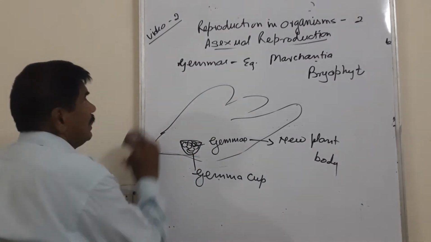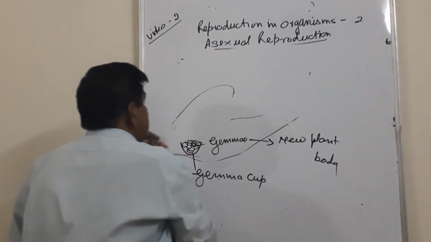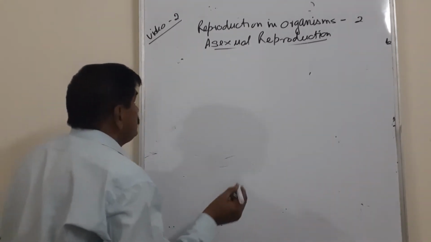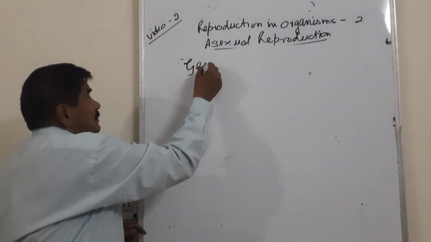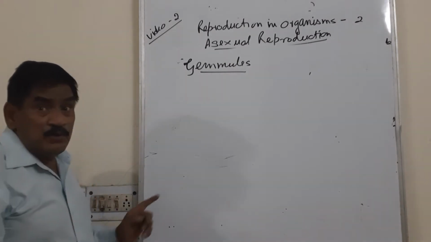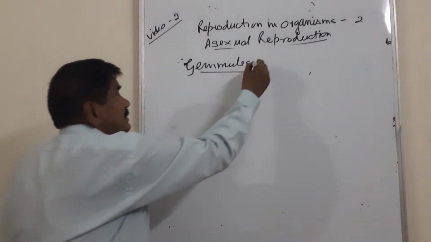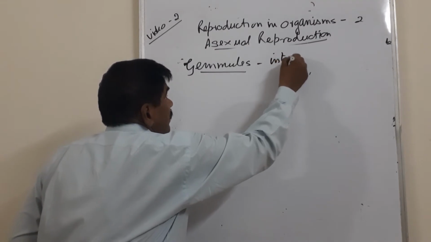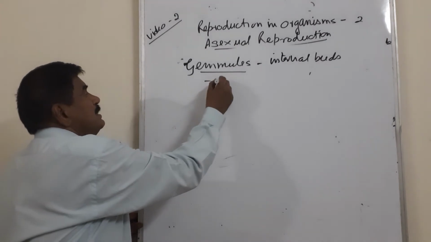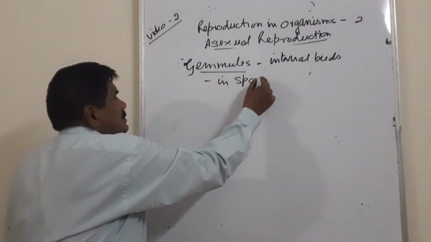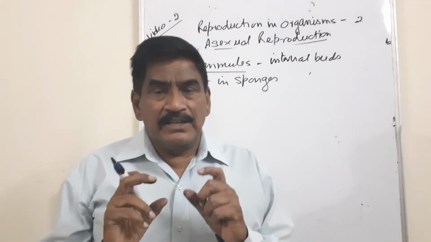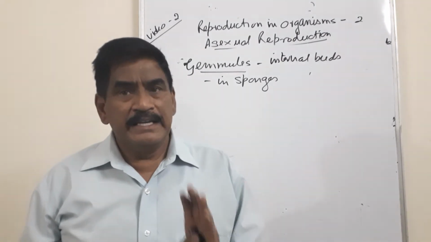Then the next way of asexual reproduction is gemmule formation. Gemmules are also called internal buds. They are formed in sponges.